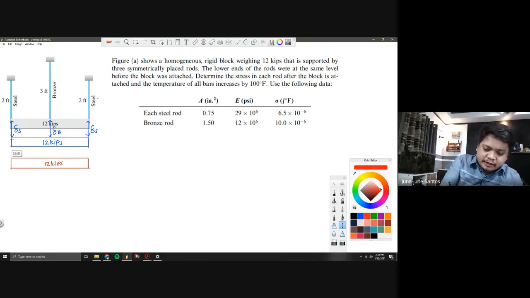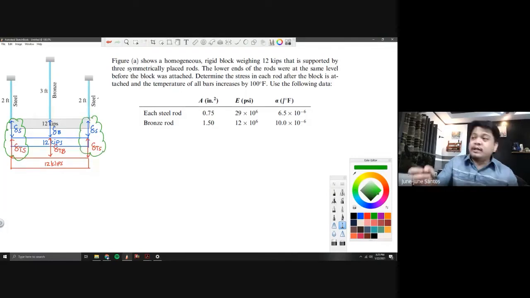Yung deformation na to, cause na siya due to temperature. So, tawagin natin TS, and then tawagin natin tong TB, and then tatawagin ko rin tong TS. Now, itong dalawa, nasa gilid, they are perfectly the same. Equally the same. Kasi, same material, tapos, same pa siya ng length.